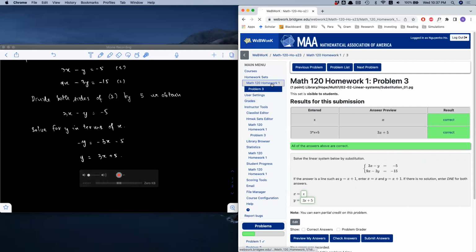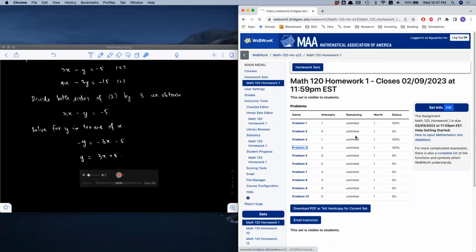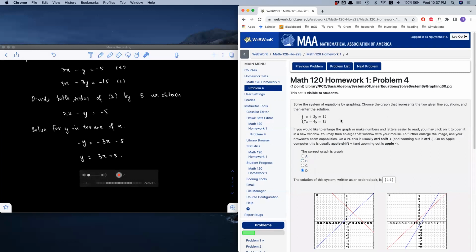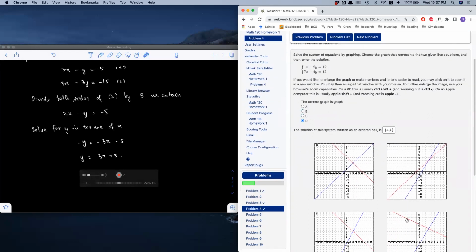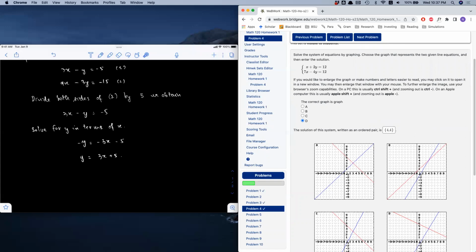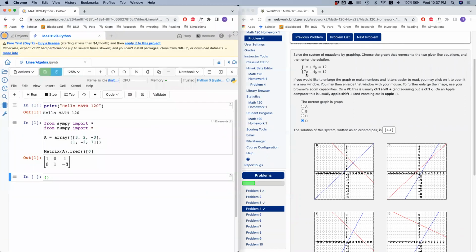Now let's move on to problem 4. Problem 4 is that you try to pick the correct graph. There are 4 graphs here, and again, you can utilize Python to help you with the solutions. I'm going to input the coefficients of the system into Python and hopefully get something here.